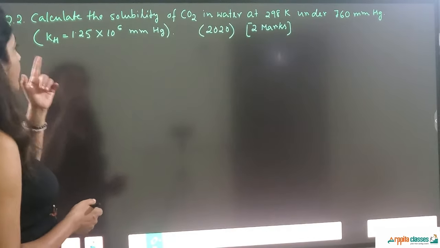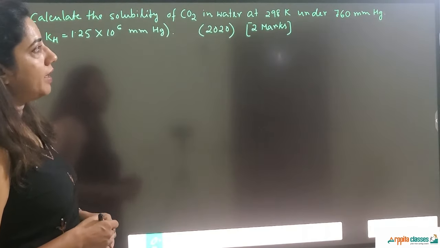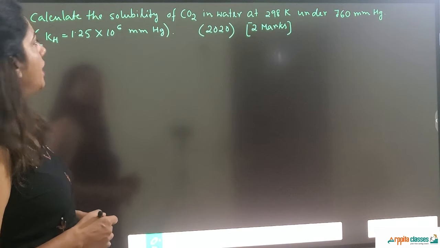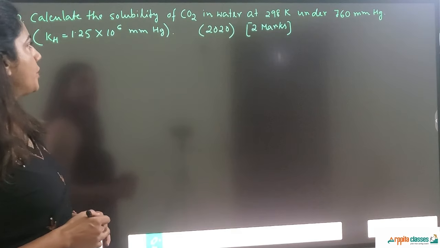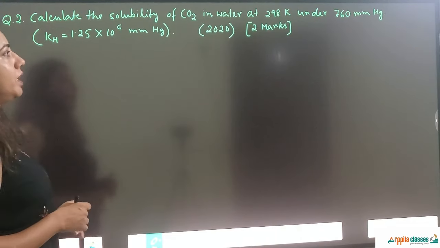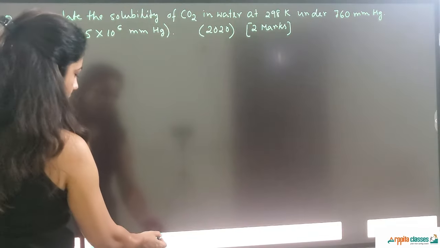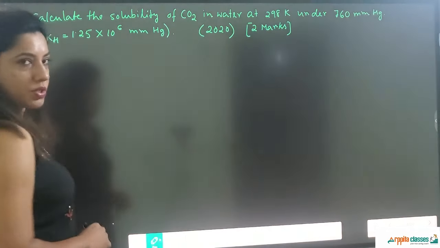The next question is: calculate the solubility of carbon dioxide in water at 298 Kelvin under 760 mm Hg. Kh is given to you, that is 1.25 into 10 to the power 6 mm Hg. And this question has come in 2020 for 2 marks. So here we can understand that when Kh is given, it is a question from Henry's law constant.